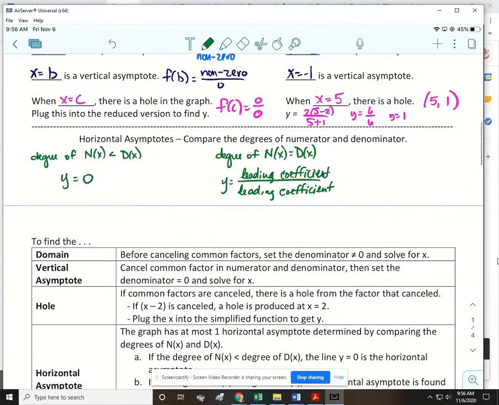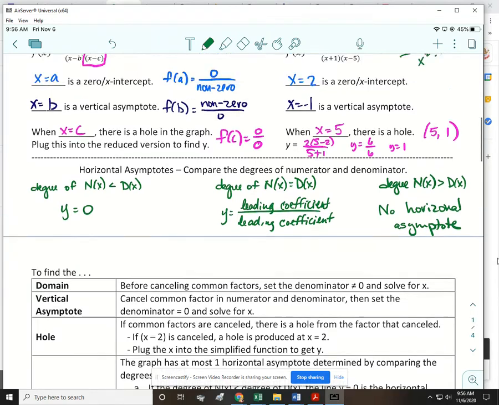And then the last situation is when the degree of the numerator is greater than the degree of the denominator. When that happens, there's no horizontal asymptote, which is nice for today, but tomorrow that might mean there's another type of asymptote that we're going to talk about that we would possibly have to find.